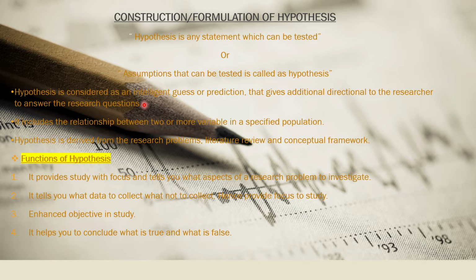So when you formulate a hypothesis, वो relation में होता है directly research problem में, and it gives additional direction to the researcher to answer the research question. So basically जब भी आप उसको test करोगे, it will give more visibility towards the research problem that you have opted for. So it includes the relationship between two or more variables in a specified population.